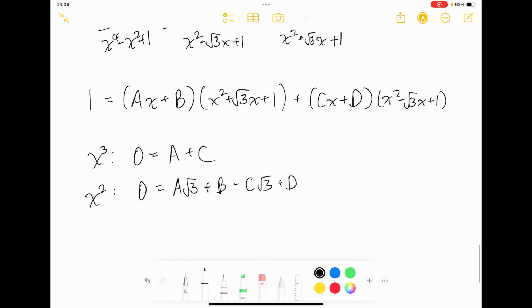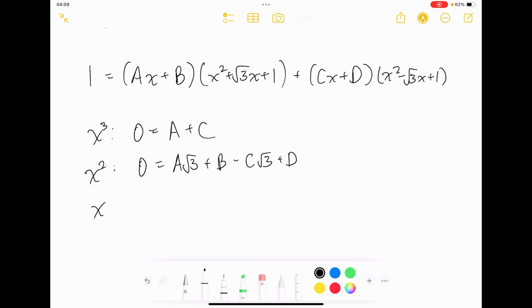And similarly, we're going to look at x. So we have ax times 1, which is a, and we don't have a coefficient on the left. So x plus 1, and then we have b root 3, and then cx times 1, and then d root 3.